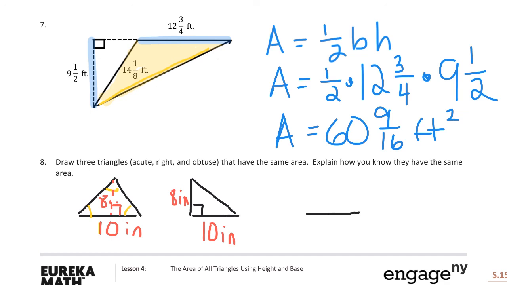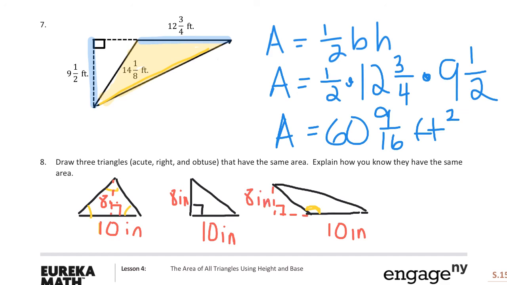Then an obtuse one, so I draw my obtuse angle, draw my line connecting them, make my triangle. So this angle right here is obtuse. It is bigger than 90 degrees. 10 inches, and then I have to draw in my height, and with an obtuse triangle, that's always going to be on the outside, and then that is 8 inches.